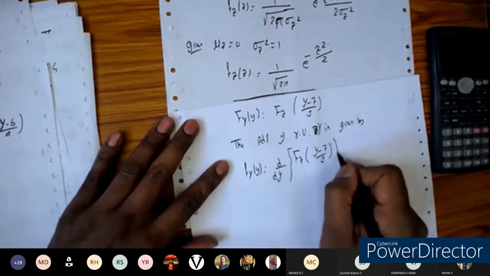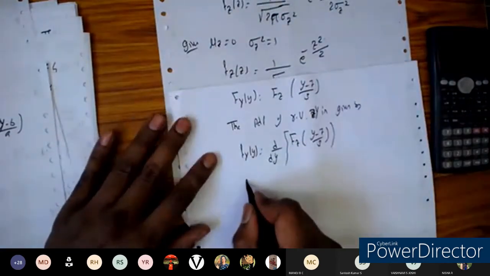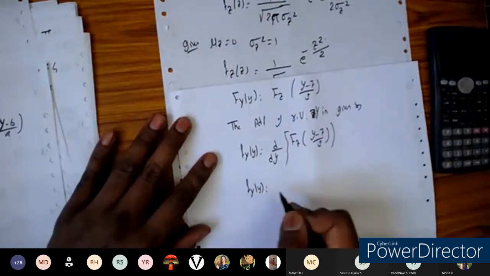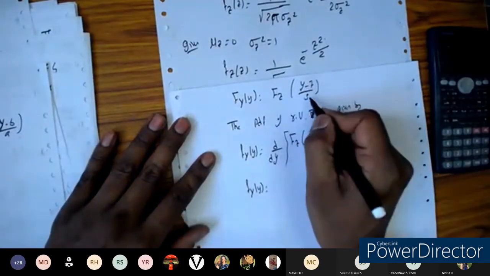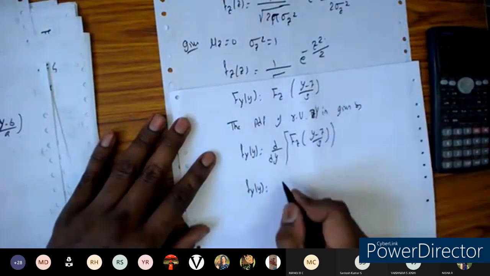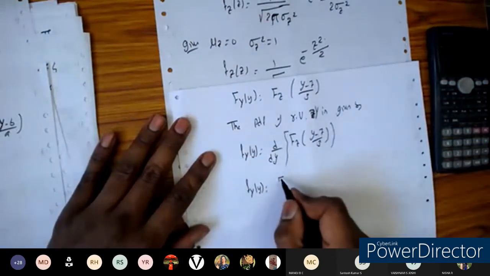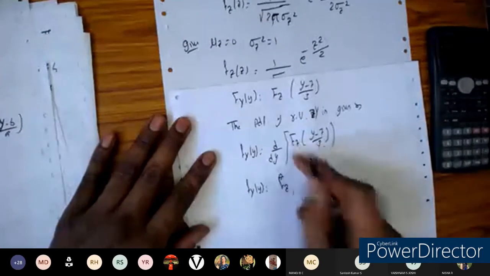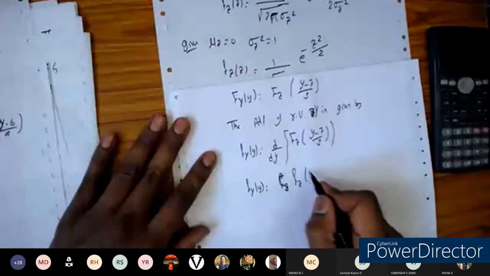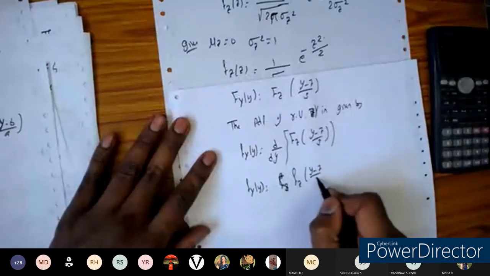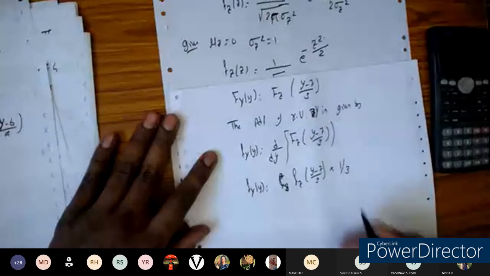The differentiation of y is 1, and the 1 by 3 stays as 1 by 3. The differentiation of F_Z is the PDF, so we get f_Z of (y minus 7) divided by 3, multiplied by 1 by 3.